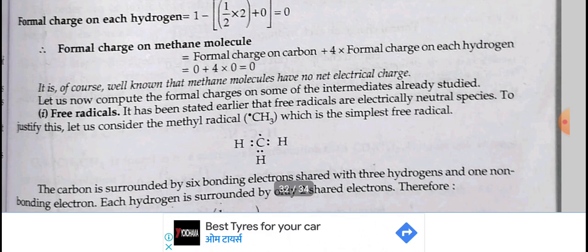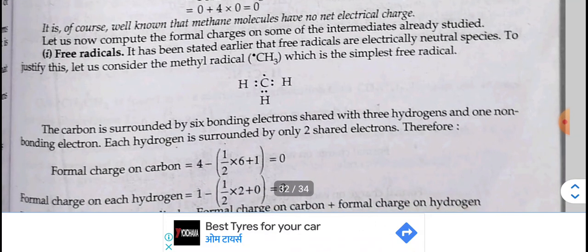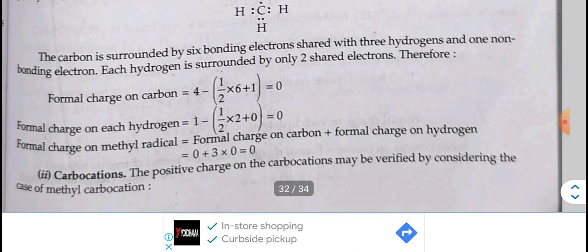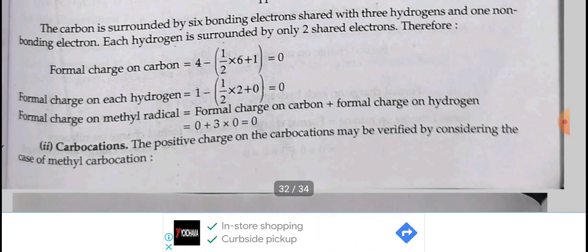Free radicals. It has been stated earlier that free radicals are electrically neutral species. To justify this, let us consider methyl radical, which is the simplest free radical. The carbon is surrounded by 6 bonding electrons shared with 3 hydrogens and 1 non-bonding electron. Each hydrogen is surrounded by 2 shared electrons.